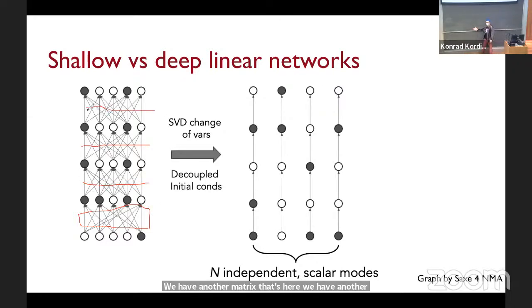What does the overall network do? I have a multi-layer linear network where every layer is characterized by a linear matrix. What does the overall network do?